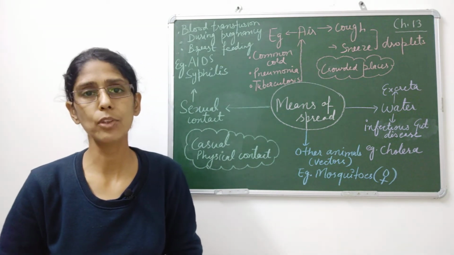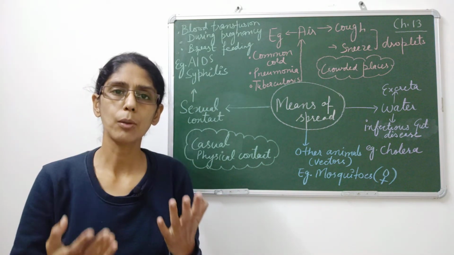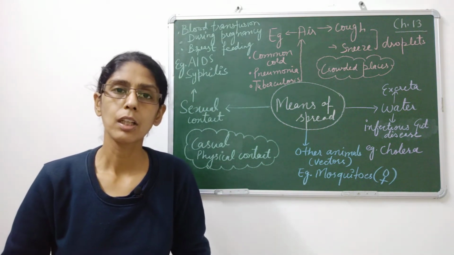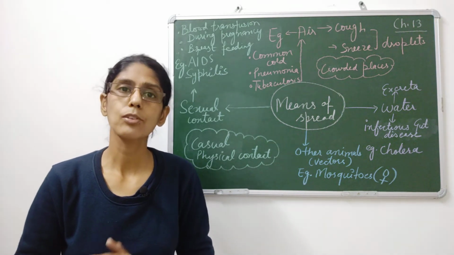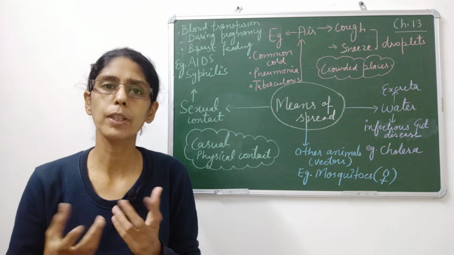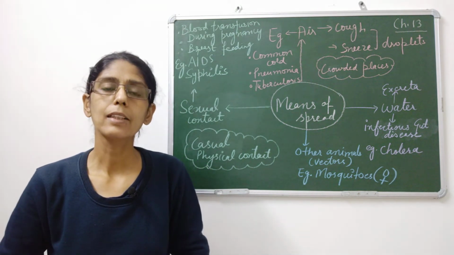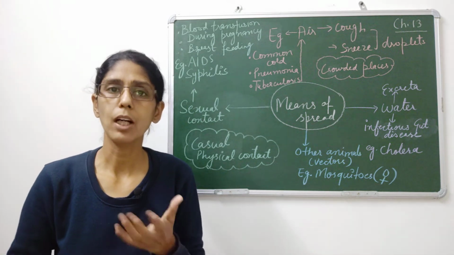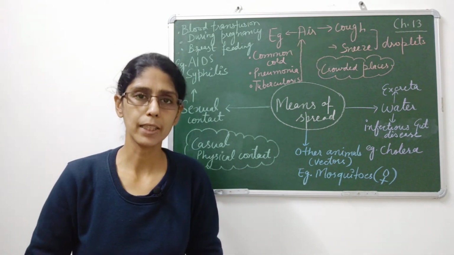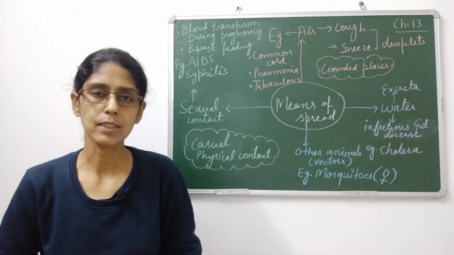If the size of the droplet is small, then as soon as it comes out of the body of the patient, it will vaporize. The liquid present in the droplet will change into vapor, and the droplet will become very light in weight and will be able to travel long distances.